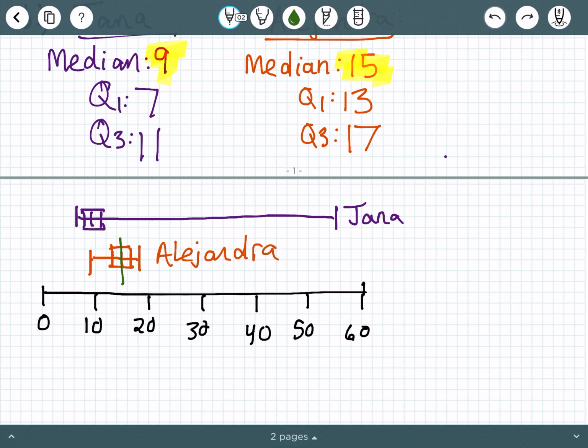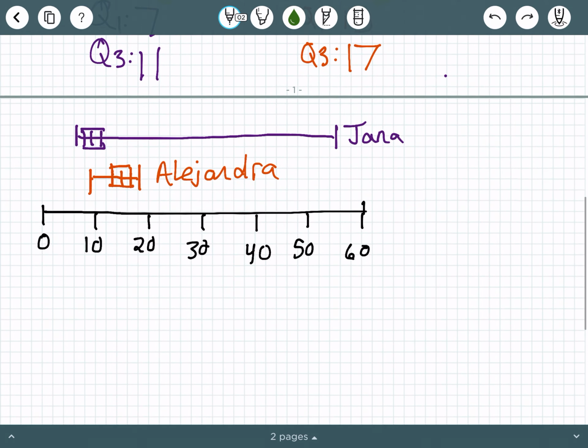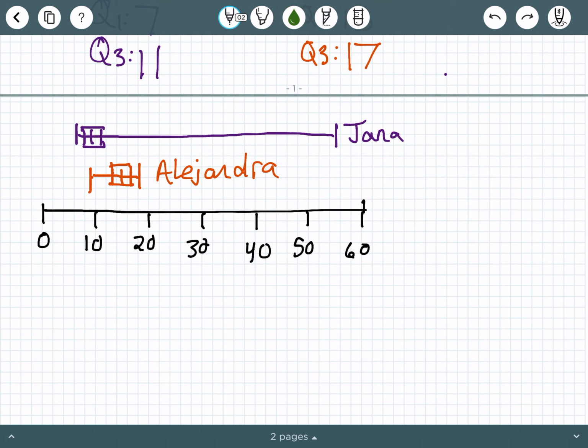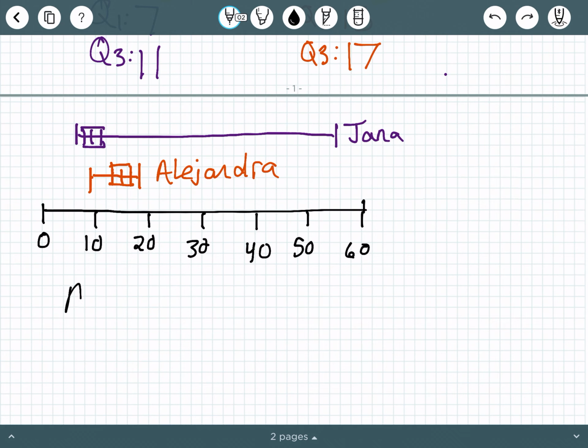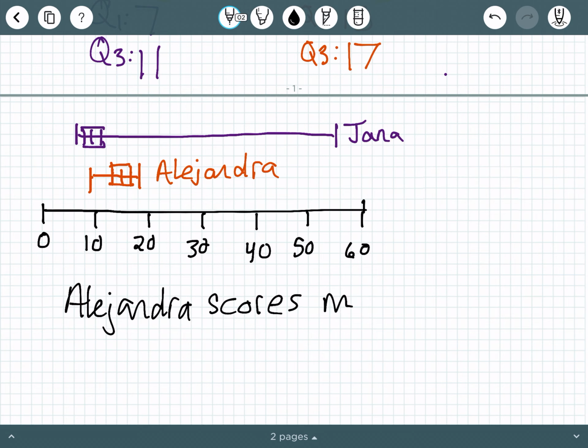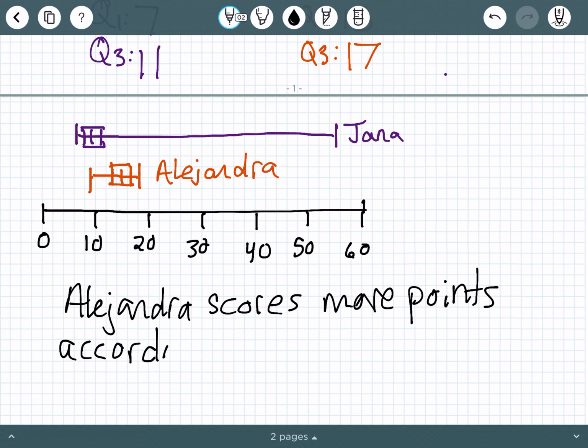So we could say that Alejandra scores more points according to the median. The girls had the same mean, which is what we did in part A, but according to the median, Alejandra scores more.